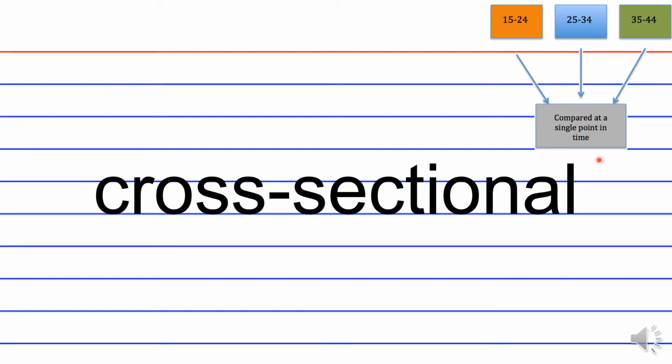And an example of different population groups is maybe you're looking at one big population, let's say the American people, and you have different subsets of populations like ages 15 to 24, age cohorts 25 to 34, and ages 35 to 44, and you're comparing these subpopulations at a single point in time. Okay?